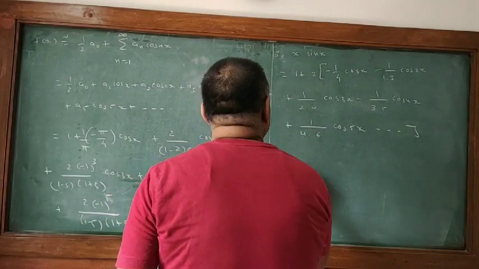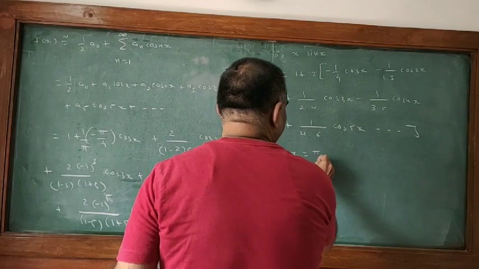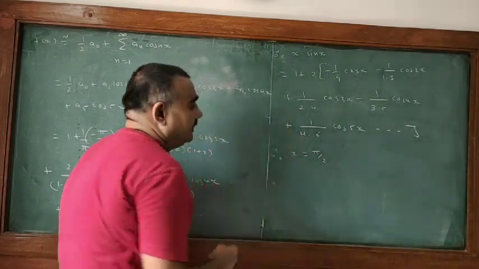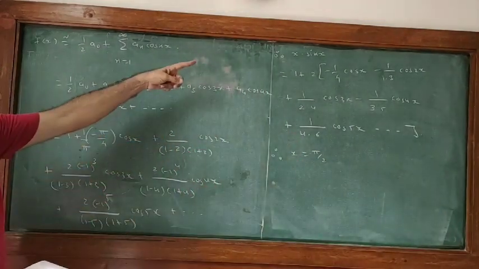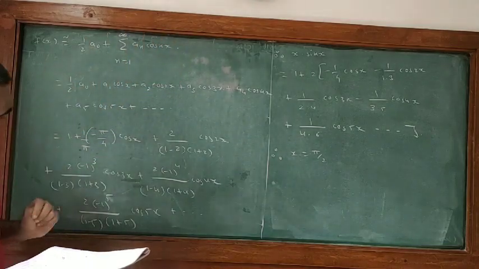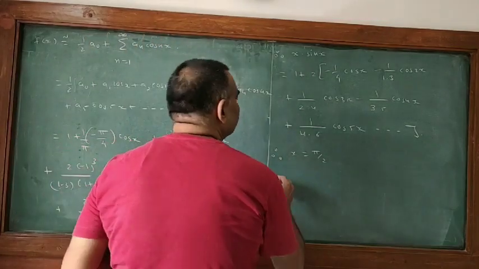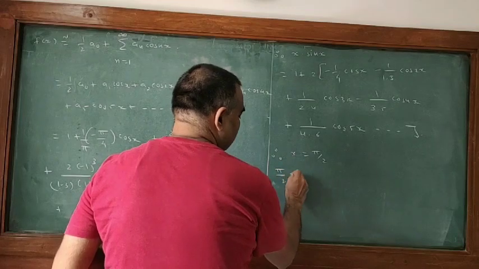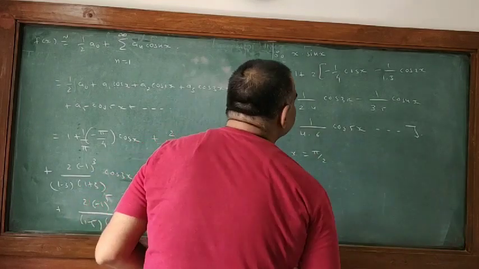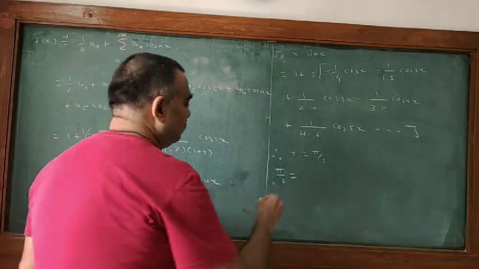Therefore if we put x equal to pi by 2, it will become sin pi by 2 will be 1, and therefore pi by 2 equal to 1 plus 2.